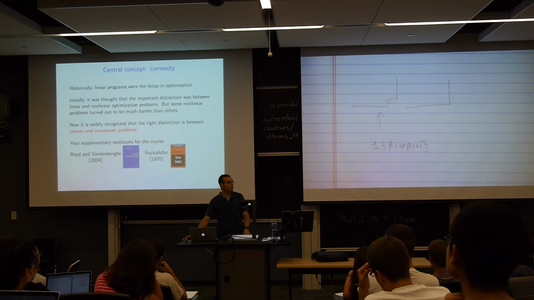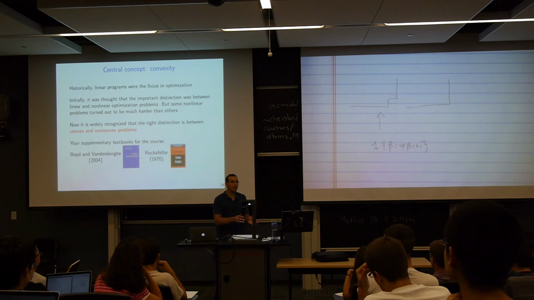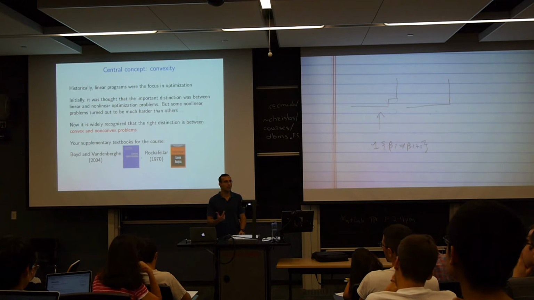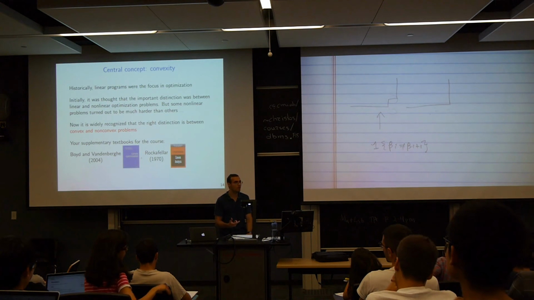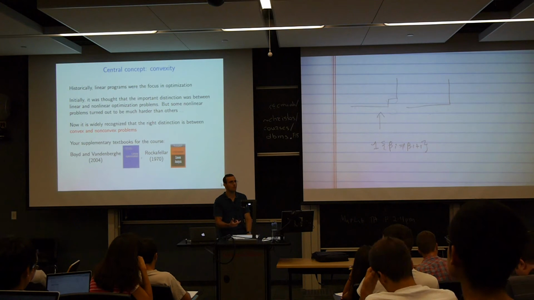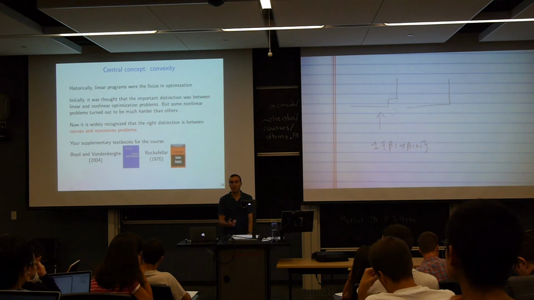Everyone thought that the distinction between problems that were easy and problems that were hard was going to be nonlinear optimization problems versus linear ones, and so people were moving in that direction. But very soon, people realized that wasn't the right distinction. There are some nonlinear problems that are very, very hard to solve, and some that are much easier, and they don't appear to be very different in any transparent sense. The difference is whether or not they were convex problems.